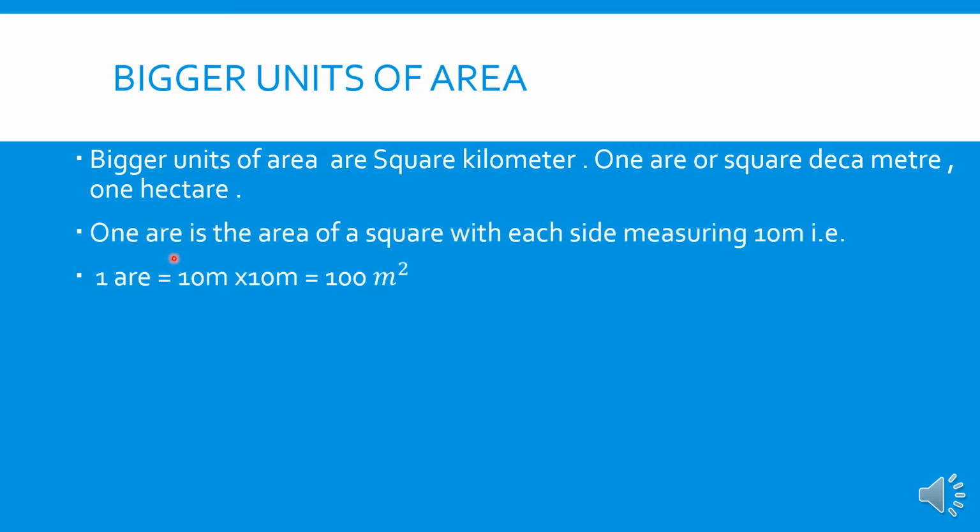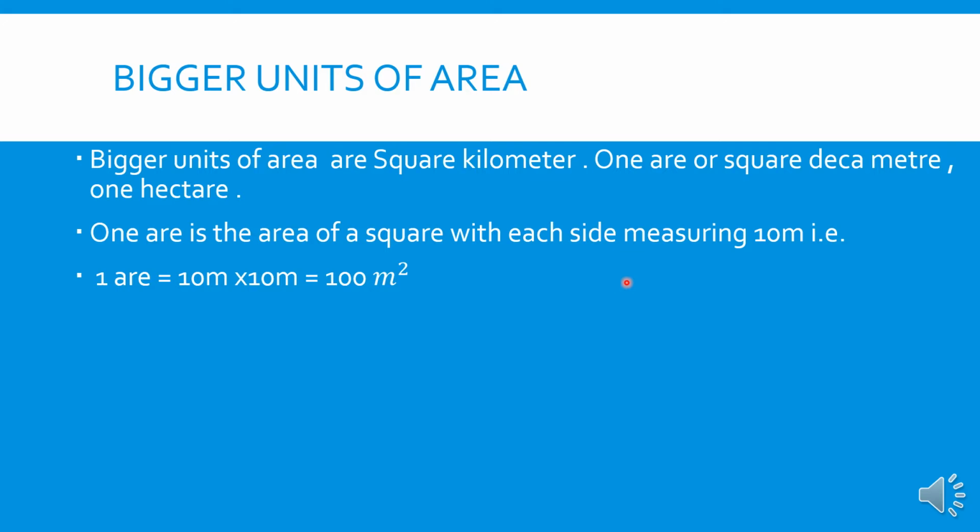1 are. What do you mean by 1 are? 1 are is the area of a square. Square, as I have told you, means the shape whose all sides are equal. So it is the area of the square with each side measuring 10 meter. Yes, children, this is the shape of the square in which one side is 10 meter.